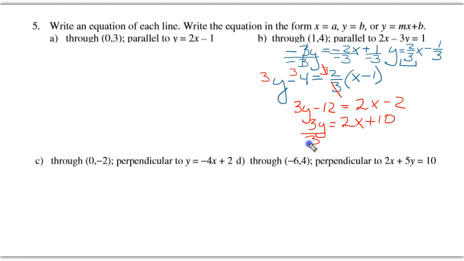Now I divide everything by 3, and I get y equals 2/3 x plus 10/3. And that's my answer. Again, they take time. On your test, you're only going to get like one of these, or maybe possibly two. But it does take time and practice to develop mastery.